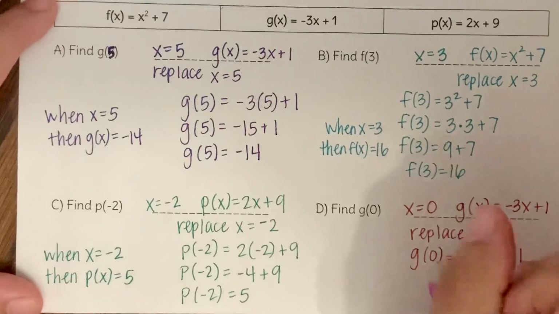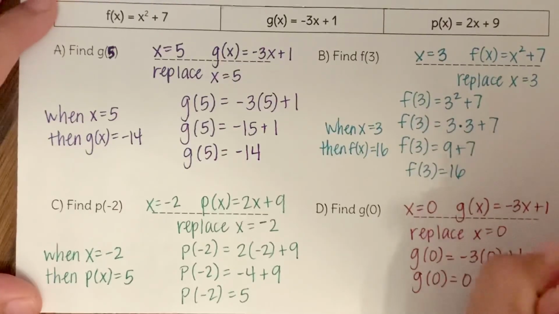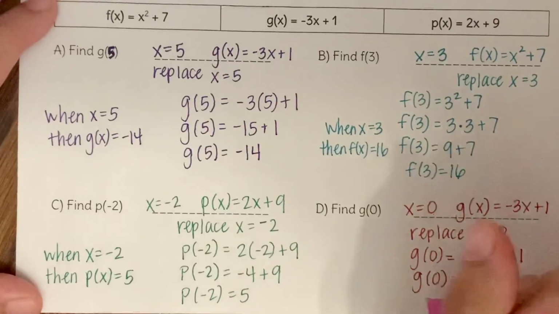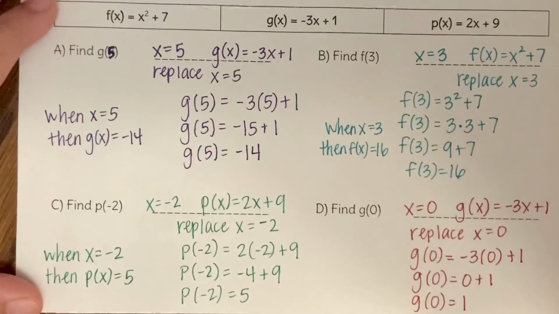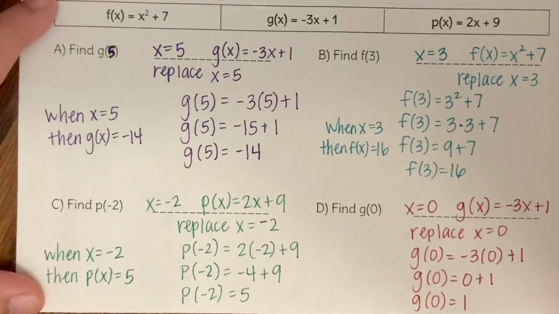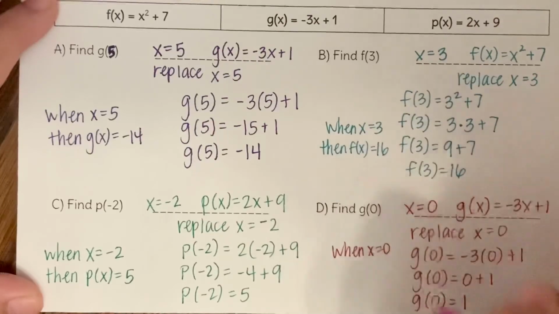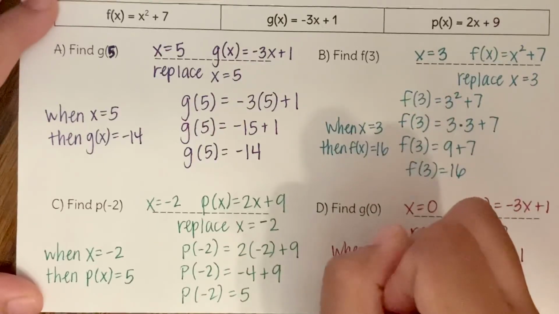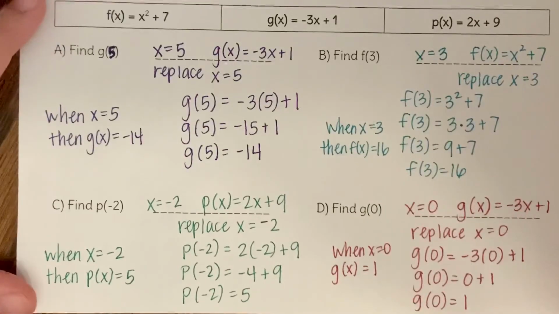Negative 3 times 0 is 0, so I get g of 0 is equal to 0 plus 1. And I just end up with 1. So g of 0 is equal to 1. And that means when x equals 0, my g of x is going to equal 1.